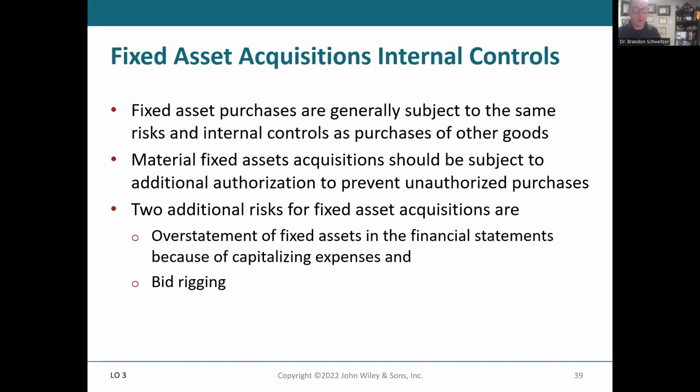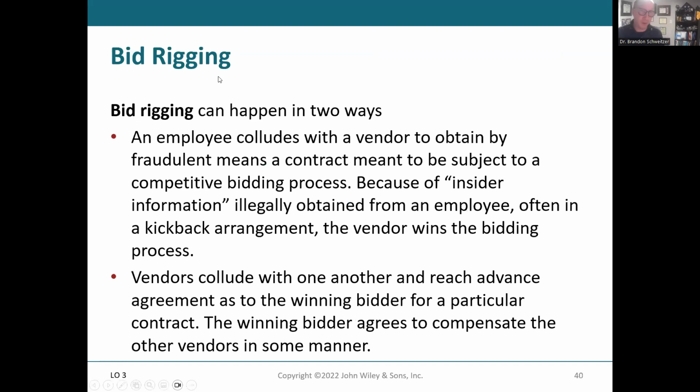So all of these things are things that we need to be aware of. So when it comes to bid rigging, what does this mean? A couple of things here. Employees collude with vendors on occasion, and that of course leads to fraudulent activities. So it's rigging the bid, right?